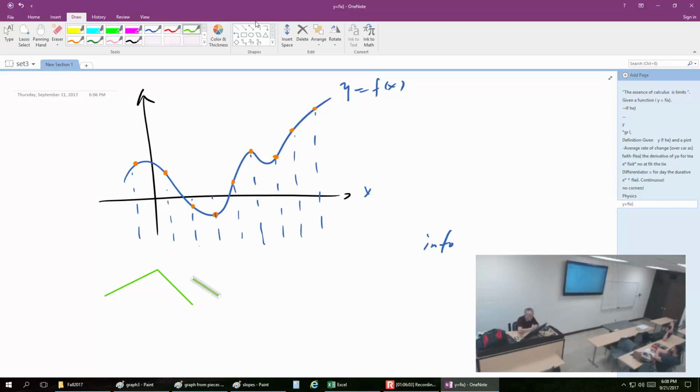I'm not trying to connect them into anything because that doesn't give us anything. It's all very approximate, but it's good enough. Okay, so this is the information that I have collected.